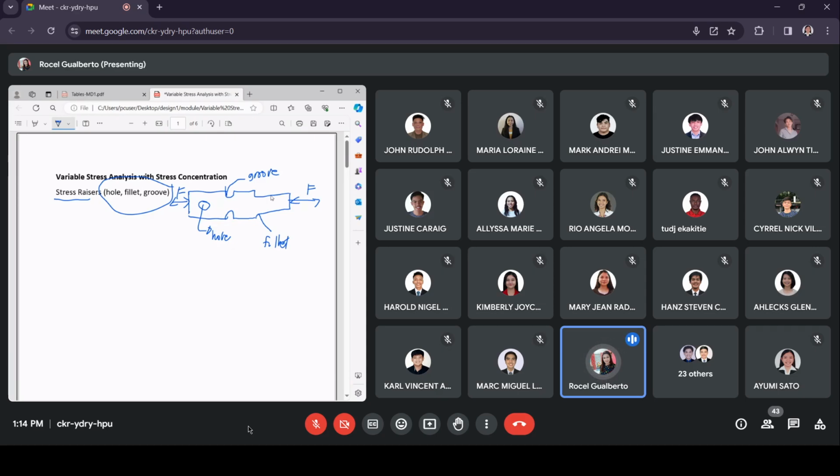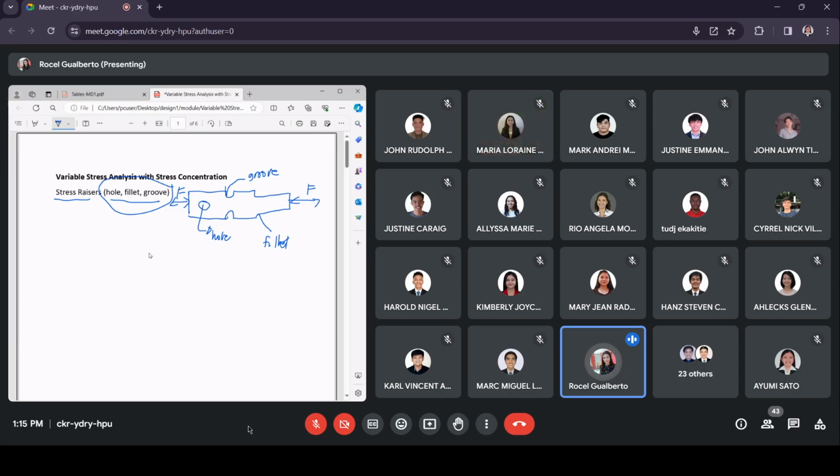We are only after these three, which are really part of your design. These should be accounted for in your computation for the appropriate dimension, since they become the weakest part of the member, having this stress raiser.